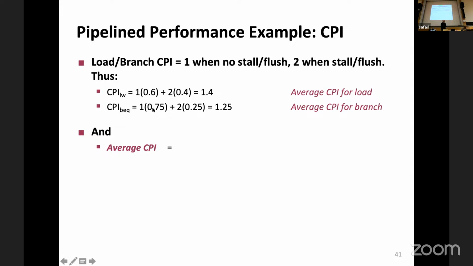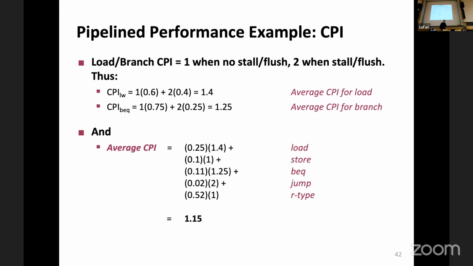Similarly, for BEQ, in 75% of cases you have 1 cycle, however, for 25% you have 2 cycles. So in the end, you have 1.25 average CPI for branch. So the average CPI for the whole instruction mix is calculated with this equation.